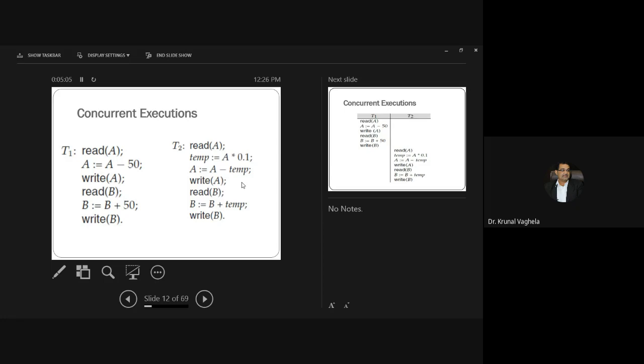Consider these two transactions, T1 and T2. Tell me what T1 is doing. We have already seen it: transferring 50 from A to B. What is T2 doing?